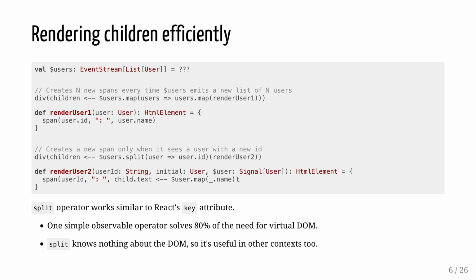A bit more magic, well, not magic, but a bit more logic is happening inside of the children receiver. As you can see, it accepts an observable of a list of elements. And so when it receives a new list of elements, it needs to compare that list to the previous list of elements that it saw to determine what operations it needs to do on the DOM.